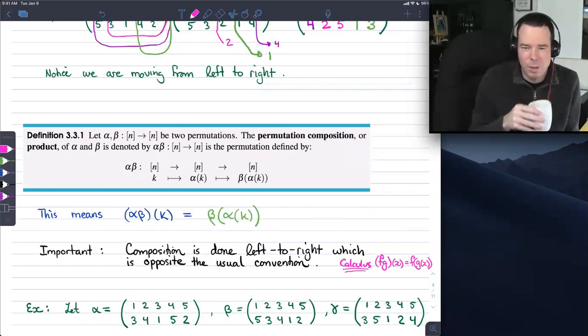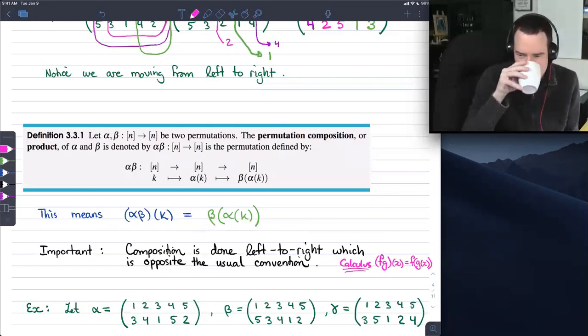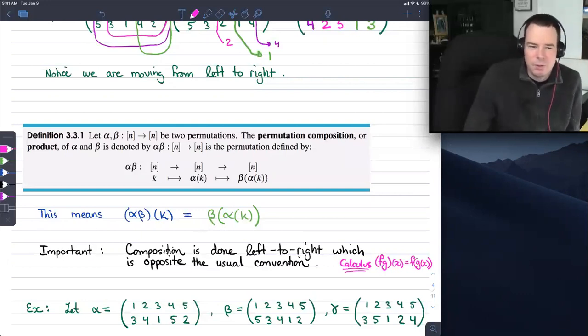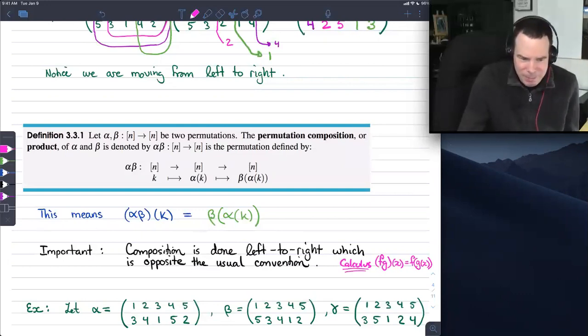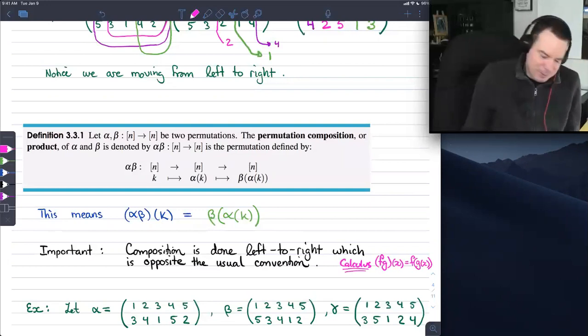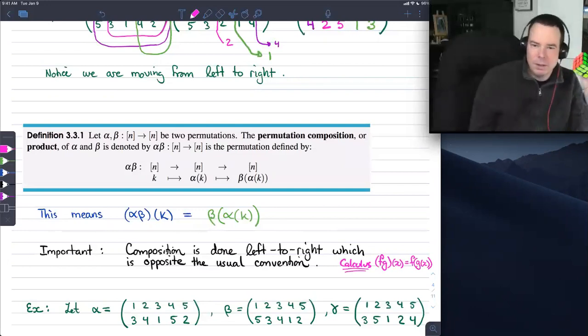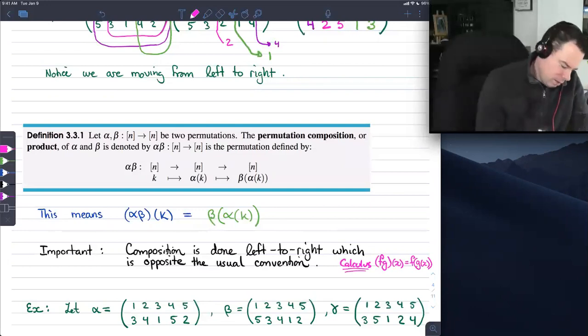And you may say, why would I do this? Why would I mess with a convention that you're so used to? The reason is, if I said to you, for example, take your Rubik's Cube, and I want you to do an R move, so move the right face, the up face, the down face, and then do a left inverse move.